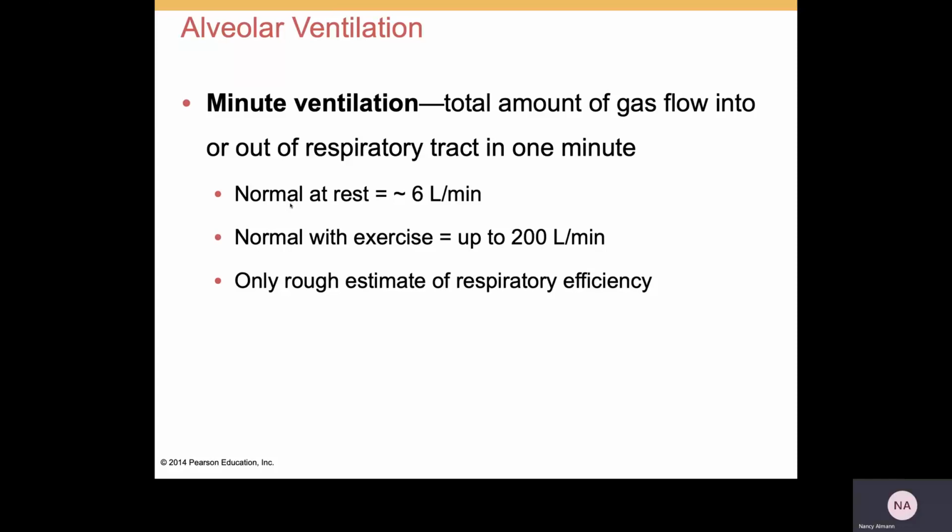You might have minute ventilation, which tells you about the amount of gas that is going to flow into or out of the respiratory tract in 1 minute. At rest, it's about 6 liters per minute. Normal with exercise is up to 200 liters a minute. And that really is only a rough estimate of the respiratory efficiency.